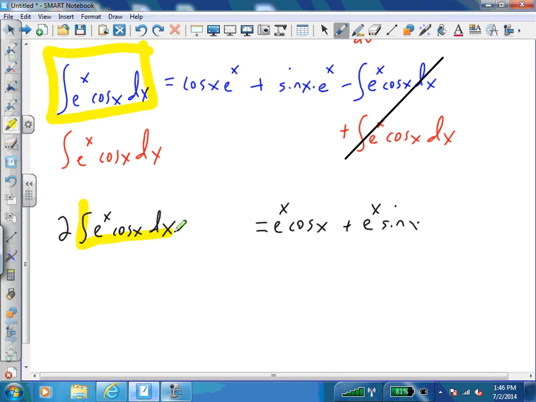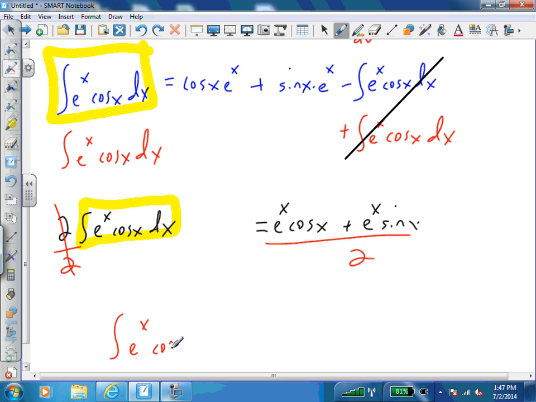We were looking for that. How do we get that by itself? Divide by 2. So the integral of e to the x cosine x dx is half of e to the x cosine x plus e to the x sine x.